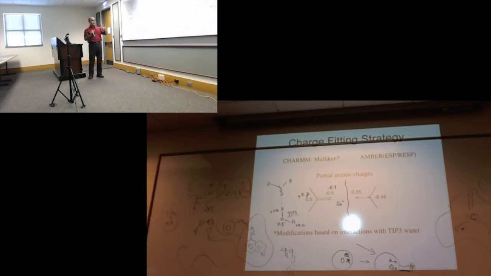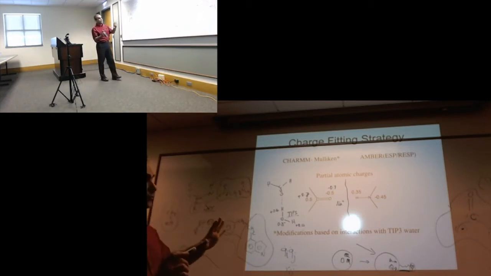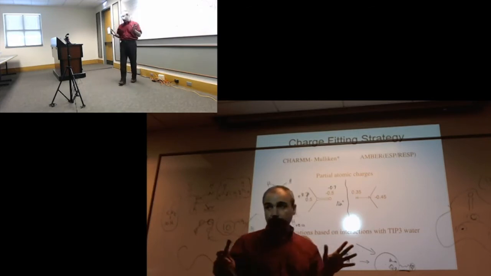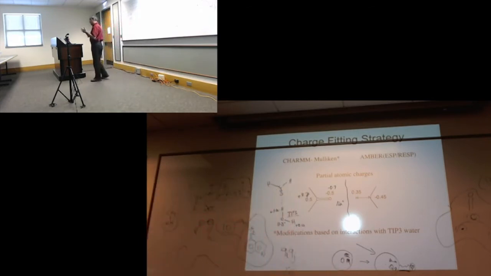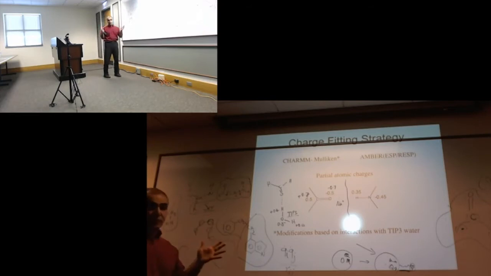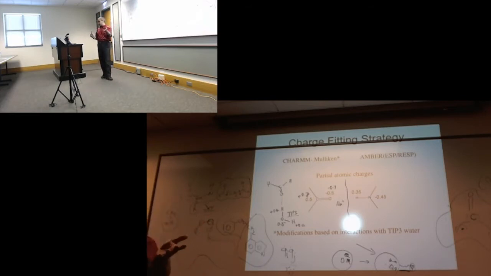So now, if you are working with Amber, you should try to, and that's general in all force field development, whatever you are doing, try to be consistent with the rest of the force field. Otherwise you are doing something very different from the rest of the parameter set that you are using, and you don't know what might happen.